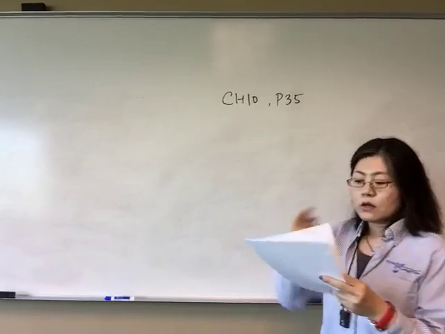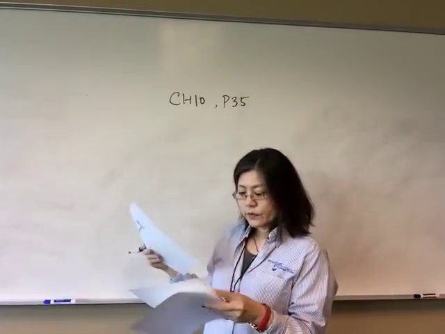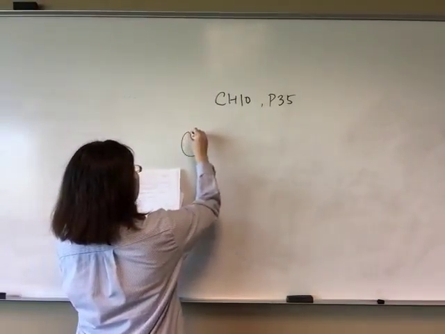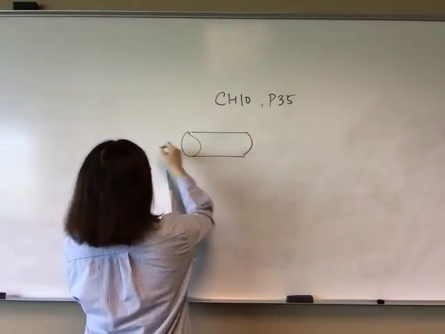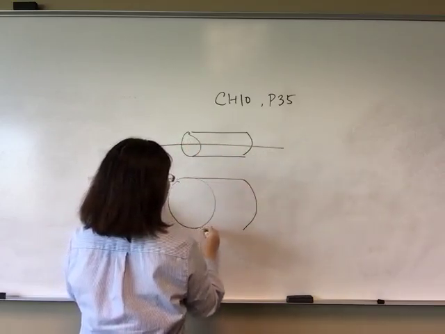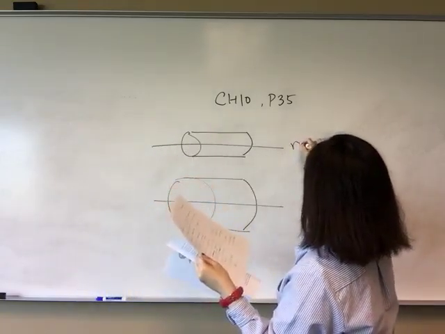Okay, so problem 35, what is that? Let me draw a diagram first, and then I'll read it out. Cylinder, central axis, bigger cylinder. This is a rotation axis.